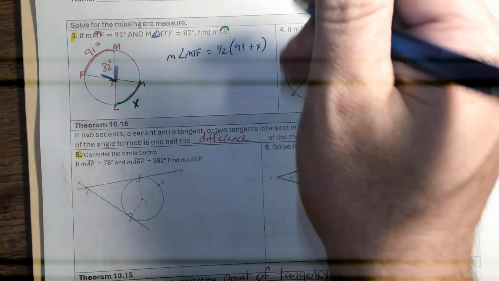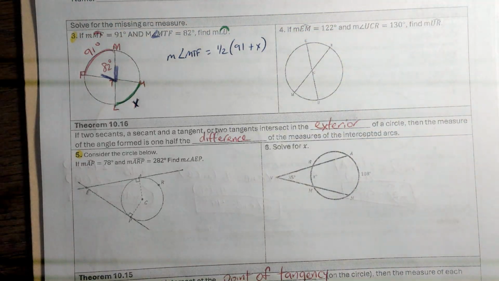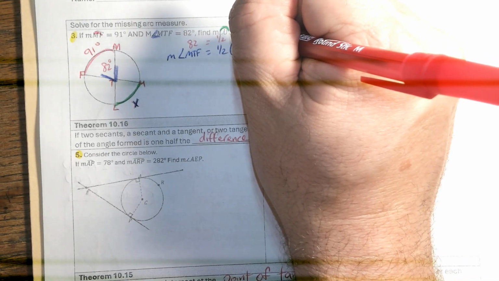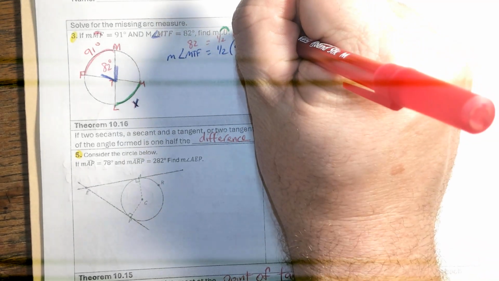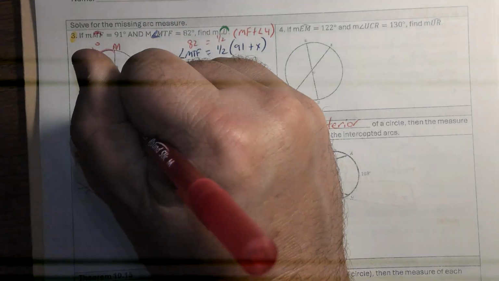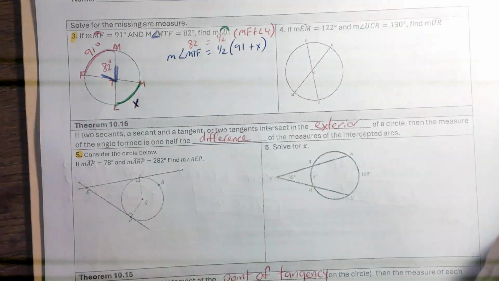I already plugged it in, and I didn't mean to do that, but let's just write above it in red. And I'll put the measure over here. So 82 is the measure. It's 1/2, so 91 was that MF, we'll say, plus LU. That's this guy. So this equals 1/2 of the sum of these two.